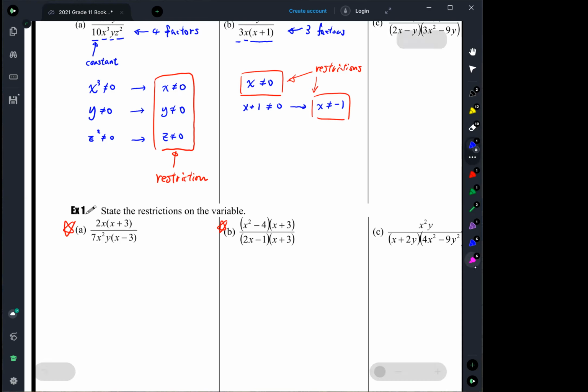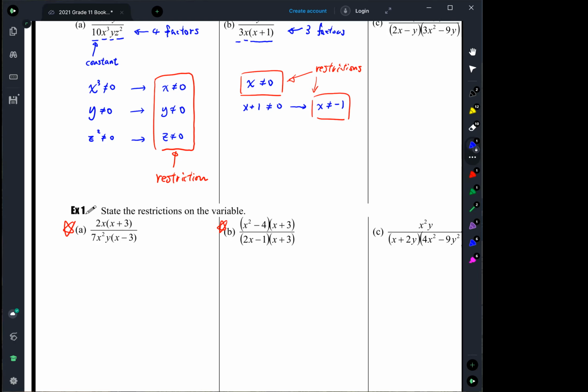Please raise your hand if you're done. All right, Geoffrey, for question A, how many factors in the denominator? 4.